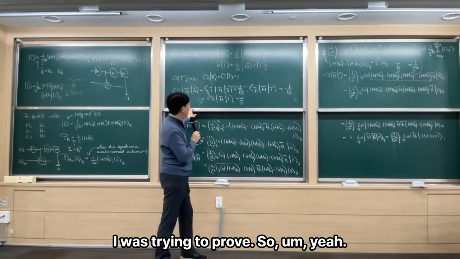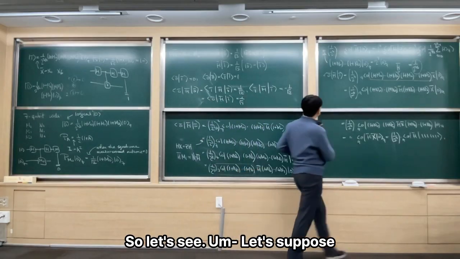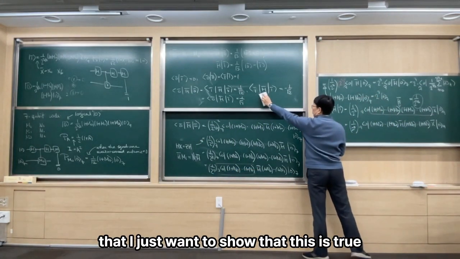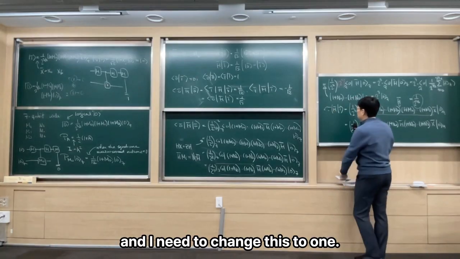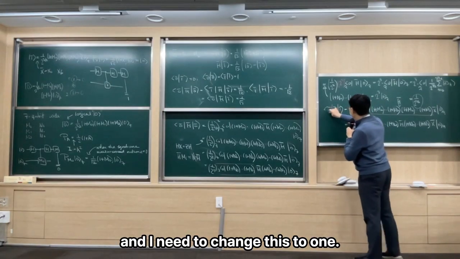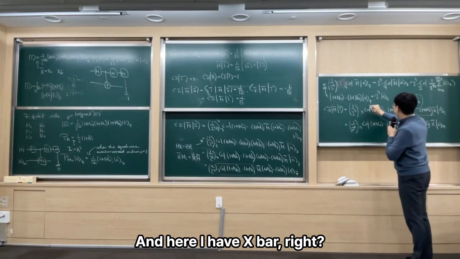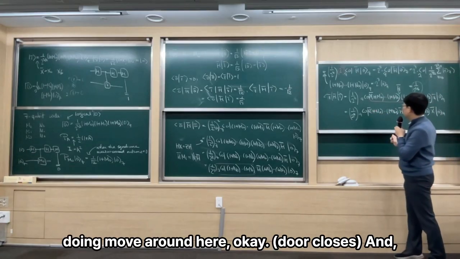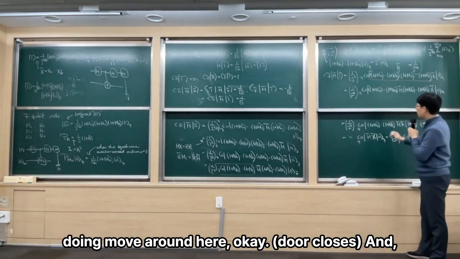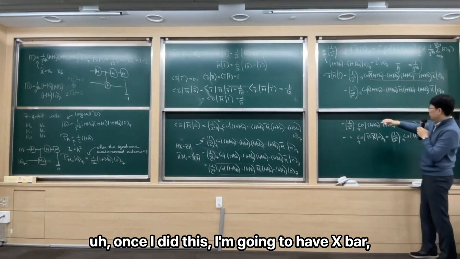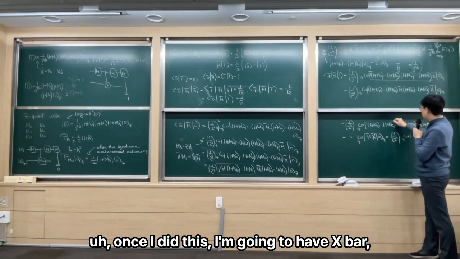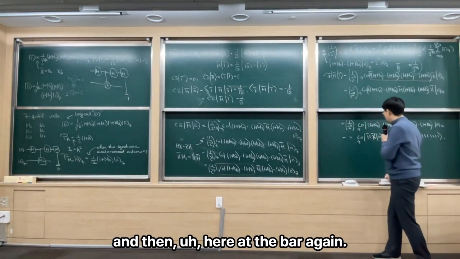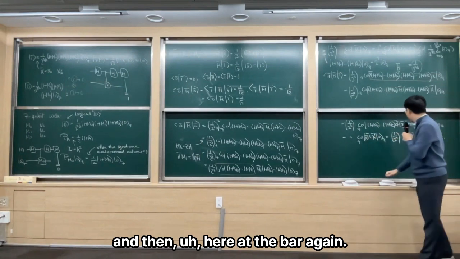So, yeah, so let's see. Let's suppose that I just want to show that this is true, and I need to change this to 1. And here I have x bar, right? So I can move around here, okay? And once I did this, I'm going to have x bar inserted here, and then here x bar again.